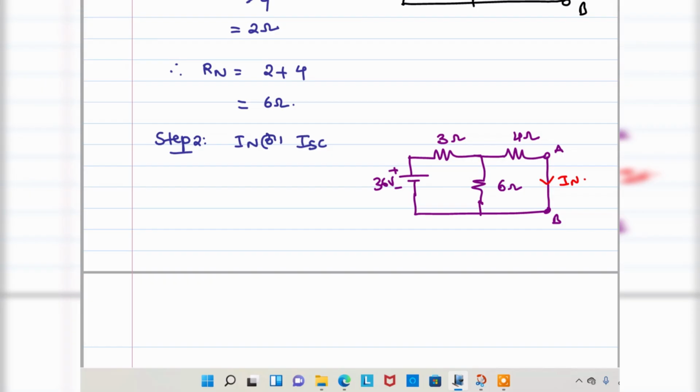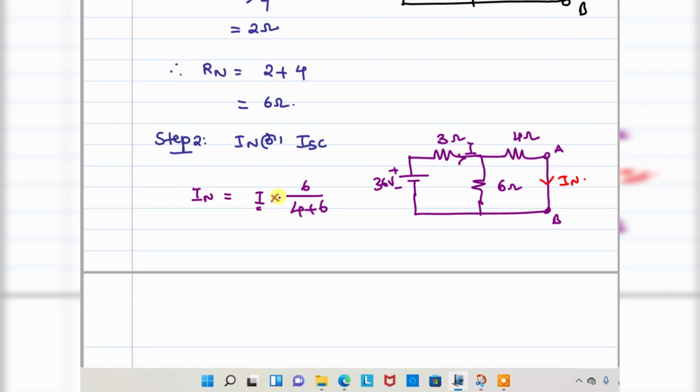If you want to calculate this current, we can use any method. I will use Ohm's law. IN is equal to, I am using the current division rule. The total current I, into, you want the current flowing through the 4 ohm, the opposite resistance 6 divided by 4 plus 6.